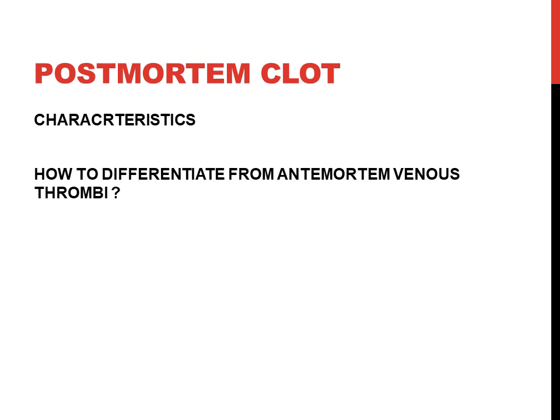And third, antemortem venous thrombi are red in color, while postmortem clots usually have a lower, dependent part that is dark red in color, while the upper part is yellowish due to the presence of plasma, and that is called chicken fat appearance. So these are the few important differences between the postmortem clot and the antemortem venous thrombi.